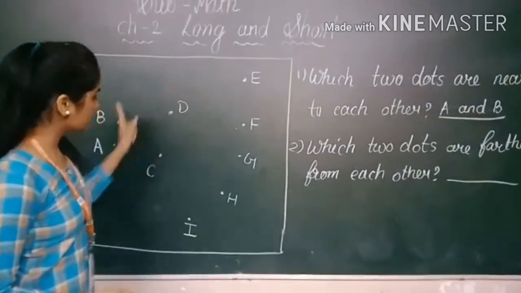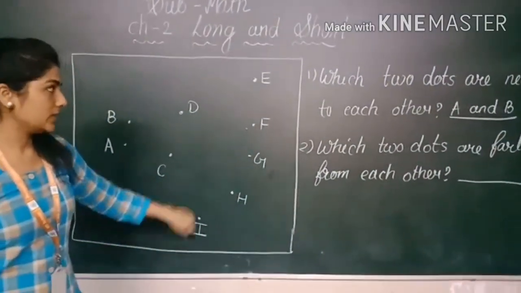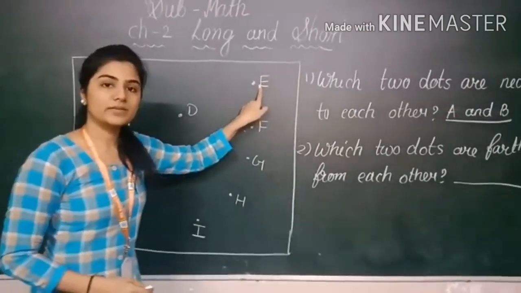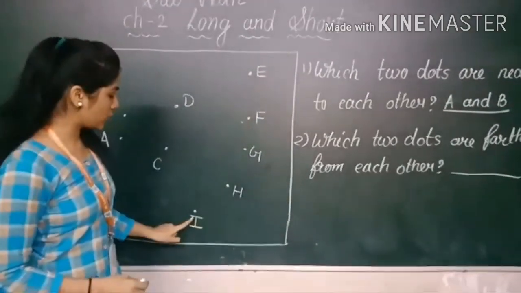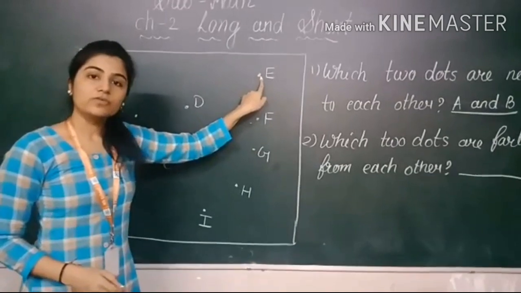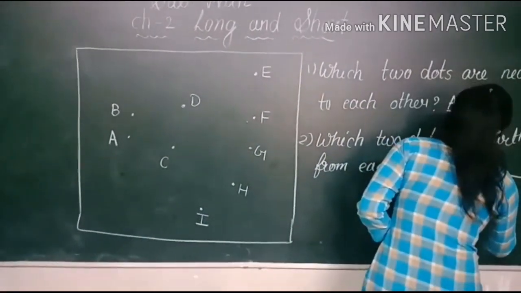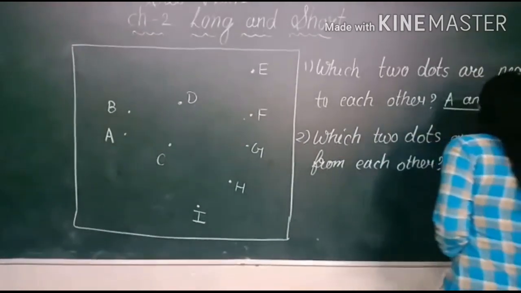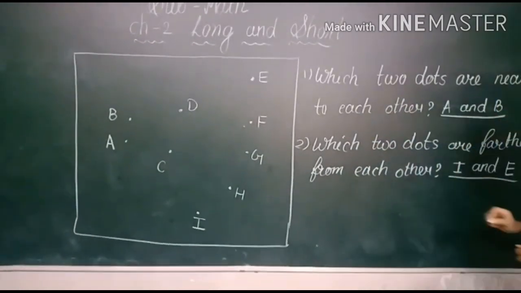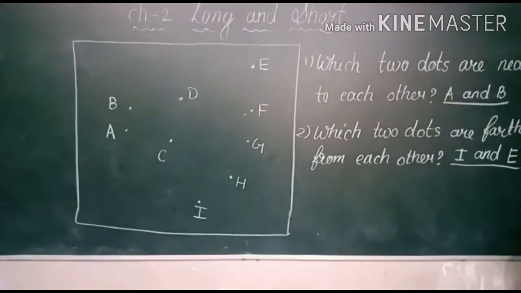So you can observe in this diagram dot I and dot E are farthest from each other. That means dot I and dot E are far from each other. Answer is dot I and E.